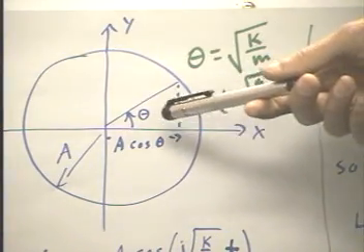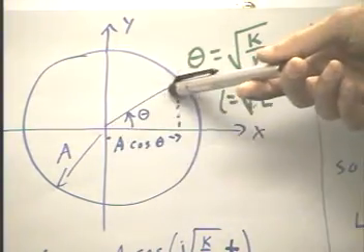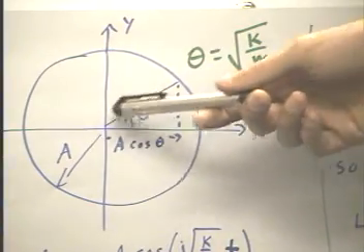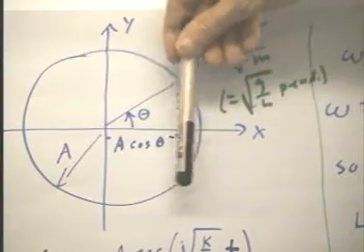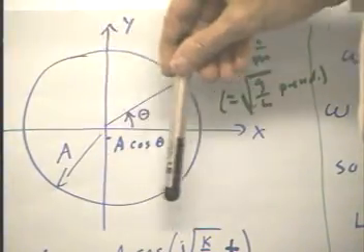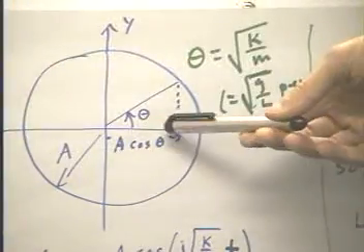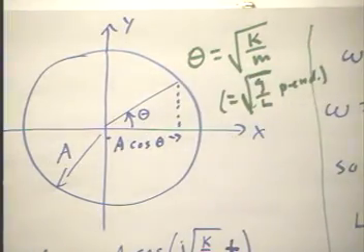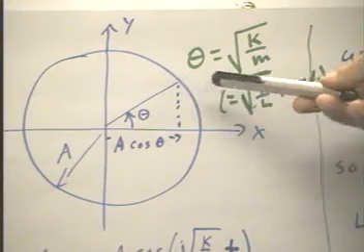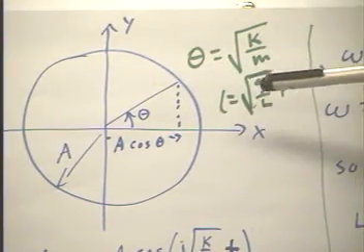And this vector is then going to have an x component A cosine theta and a y component A sine theta. So when we follow this vertical line back and forth, we're following the x component of this vector back and forth. And we say that the angle theta is the square root of k over m then.